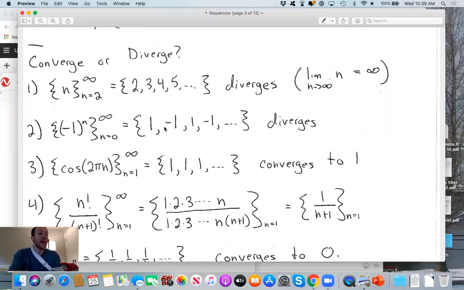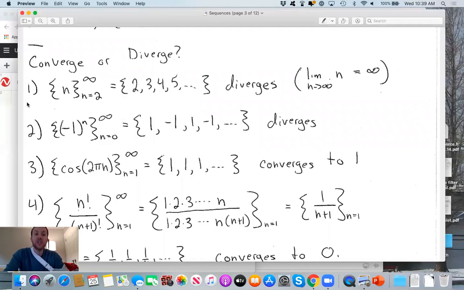But with that example in mind, we do have to be more careful because some sequence behavior might be a little bit different than what you would expect in terms of functions. So for example, let's look at cosine of 2 pi n.